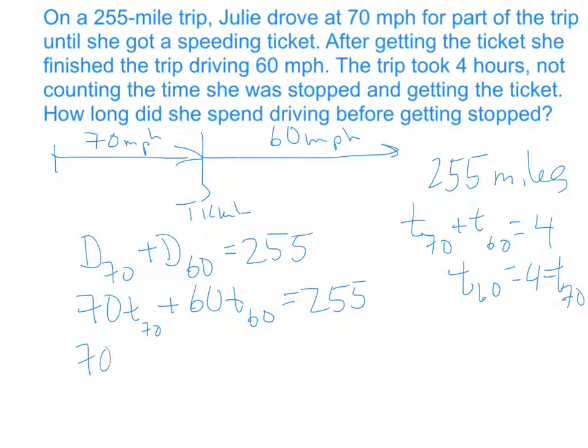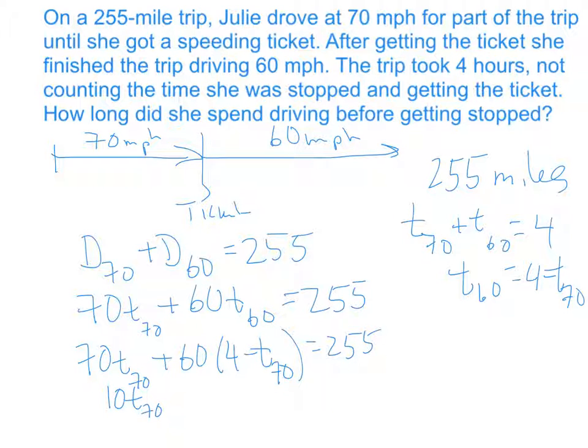So we're going to get 70 t sub 70 plus 60 times 4 minus t sub 70 equals 255. If we distribute and clean this up, we're going to get 70 t sub 70 minus 60 t sub 70, which is 10 t sub 70, plus 60 times 4, which is 240, equals 255.